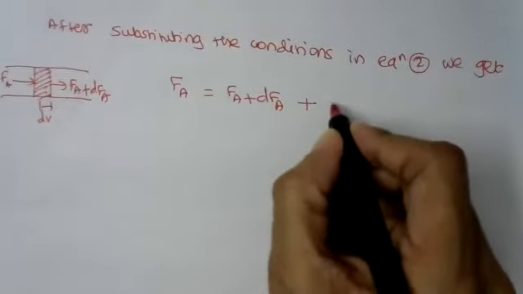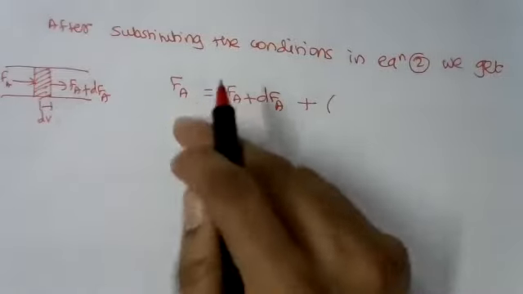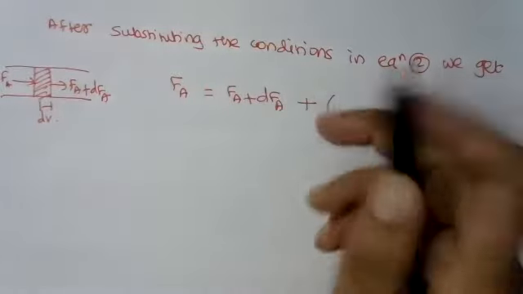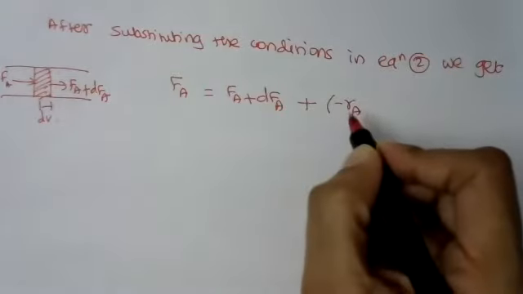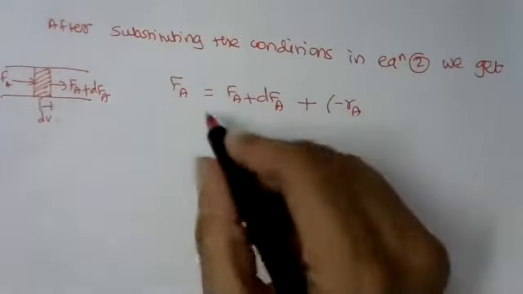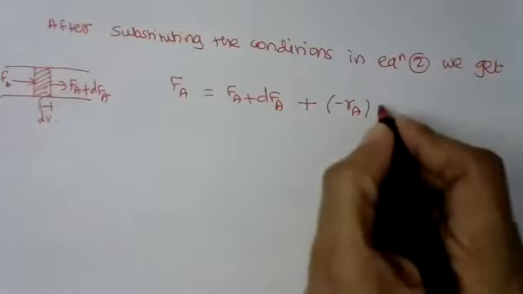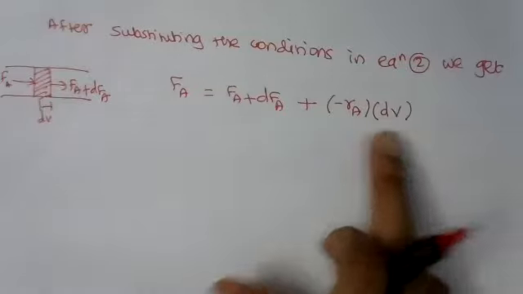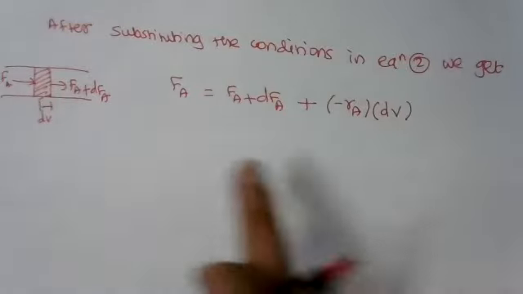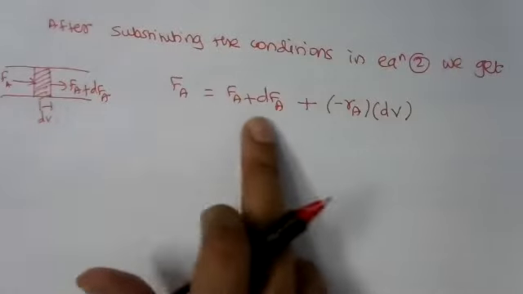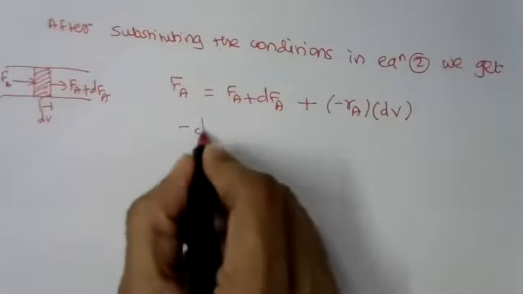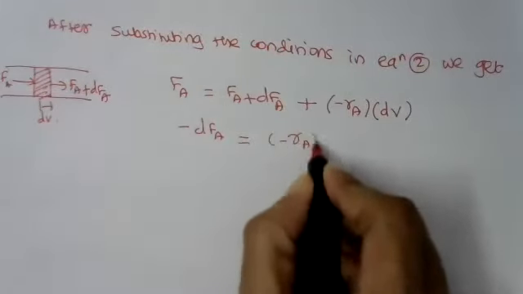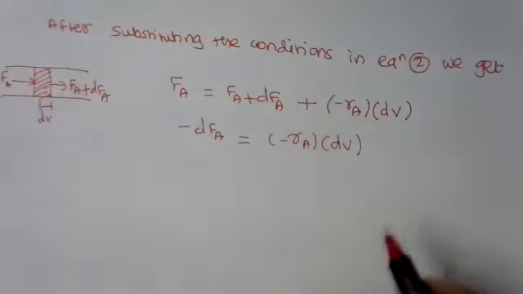This is a molar feed rate, so the unit is mole per second. The unit of rate of disappearance is mole per liter per second. Therefore, in order to have consistency of units, we can multiply with volume. In this case, the volume under consideration is dV. So if you simplify this, then what you will get is minus dFA is equal to minus RA into dV.